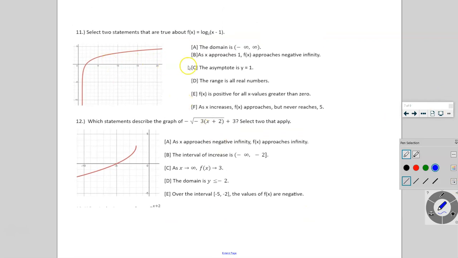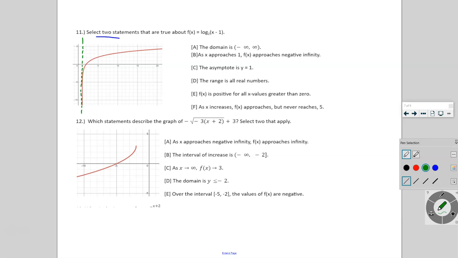All right. Question 11 says select 2 statements that are true about the function log base 2 of x minus 1. Again, the first thing I do is make sure I draw where my asymptote is, where the flat side is.